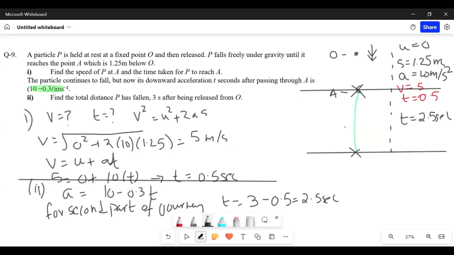To find the distance, we have to first find velocity from acceleration by integrating the acceleration, and then we find the distance by integrating the velocity.